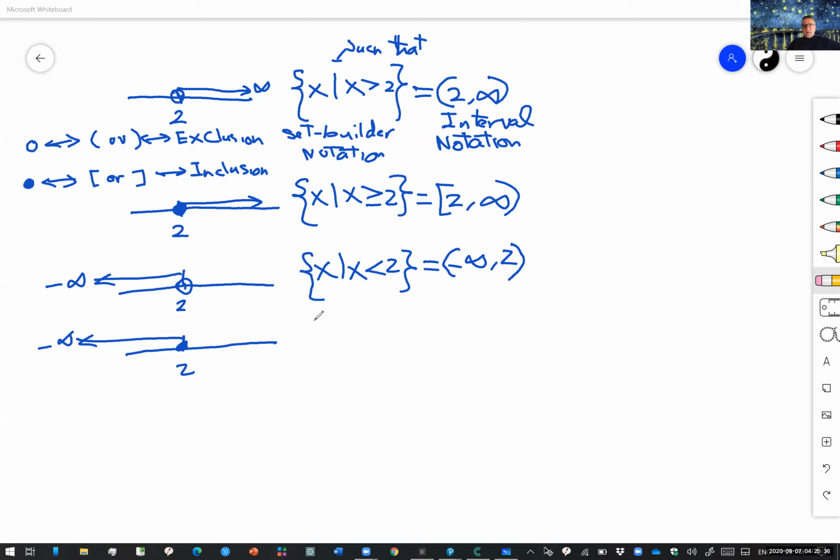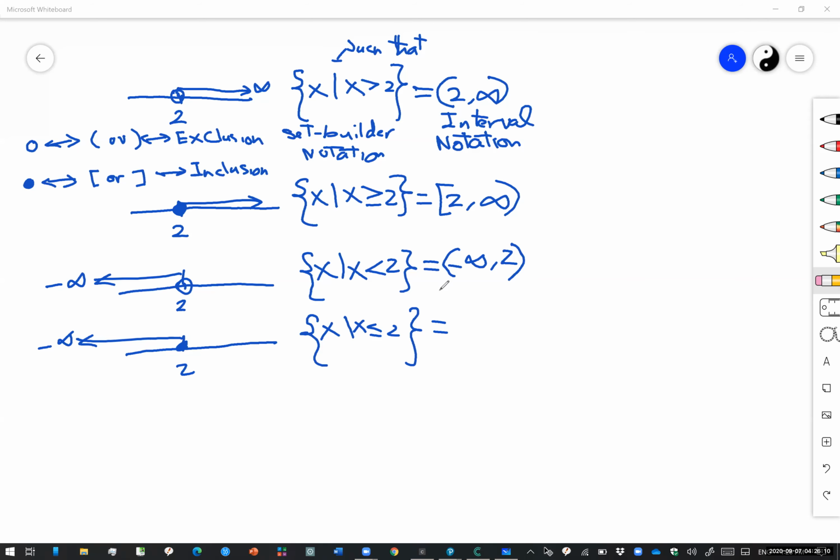So how is the set builder notation going to change, and how is the interval notation going to change? All x such that what? Less than or equal to. So x is less than or equal to 2. Good. And how is the interval notation going to change?